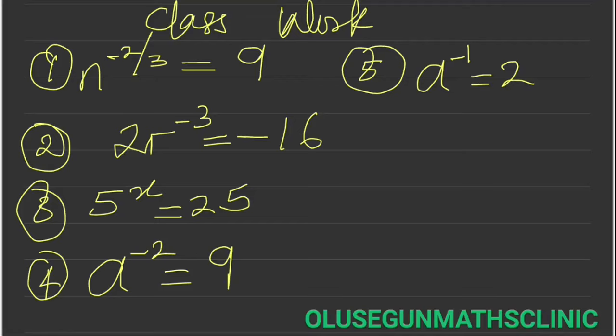And number 3, 5 raised to the power x is equal to 25. And 4, a raised to the power minus 2 is equal to 9. Number 5, a raised to the power minus 1 is equal to 2.